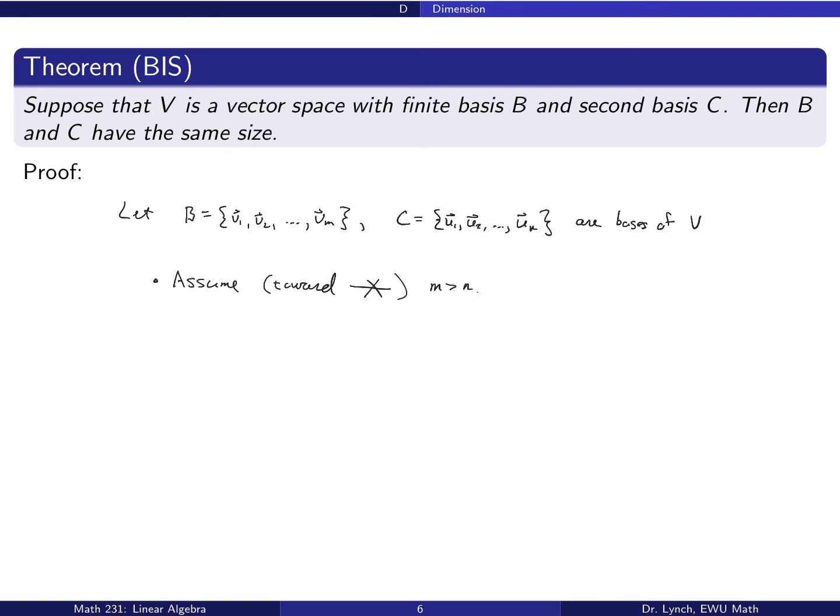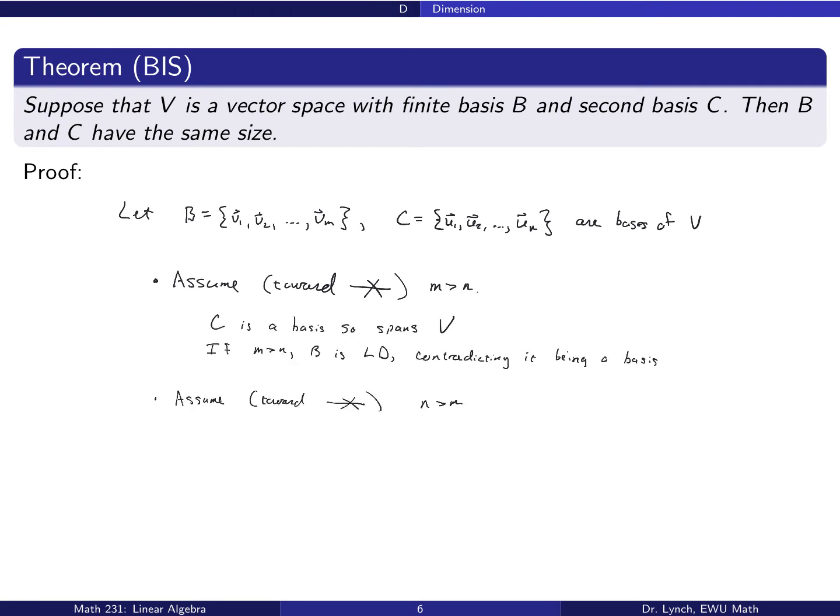Well, we know that C is a basis, and if C is a basis, it spans the vector space, right? A linearly independent set that spans is a basis. If B has more vectors, it must be linearly dependent, which would be a contradiction of it being a basis. The same argument works assuming toward the contradiction that n is greater than m.